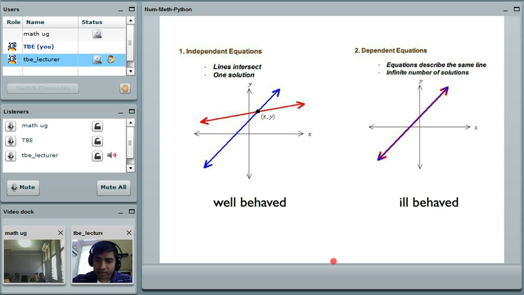Now, to appreciate why this problem should be there, let's take two equations. The first is in two dimensions. I'm talking about x and y. So the first equation has a line like that, and the second equation has another line like that.